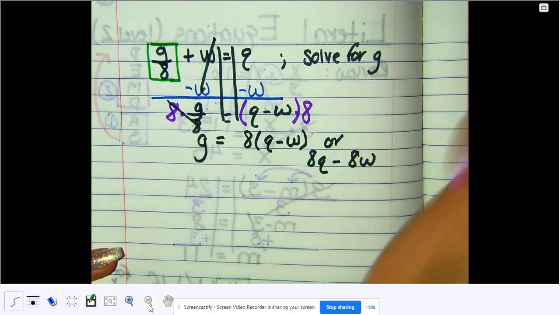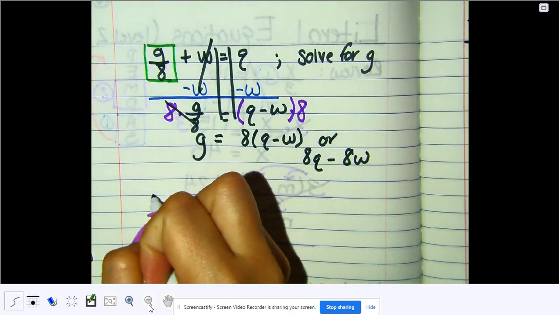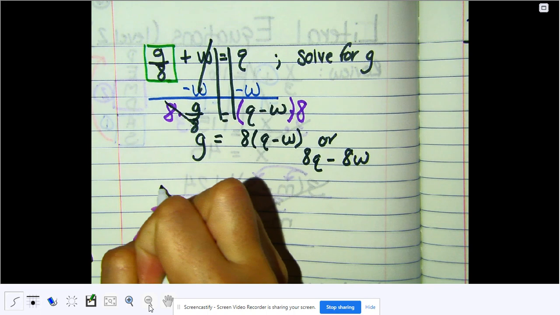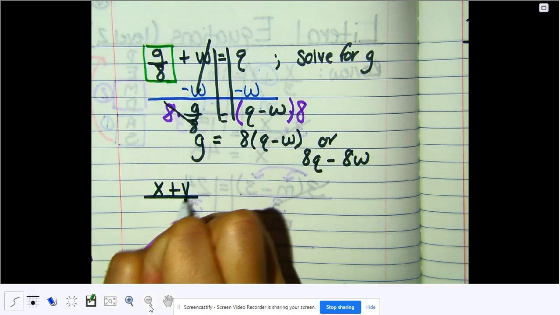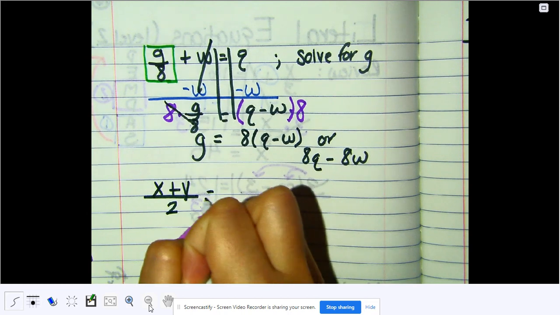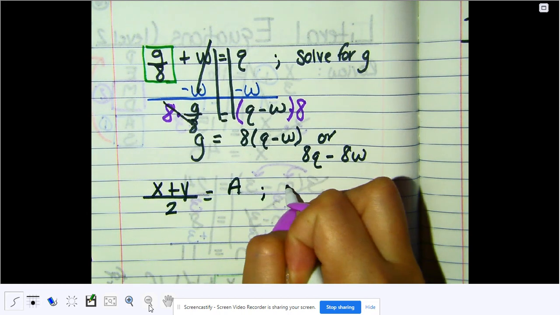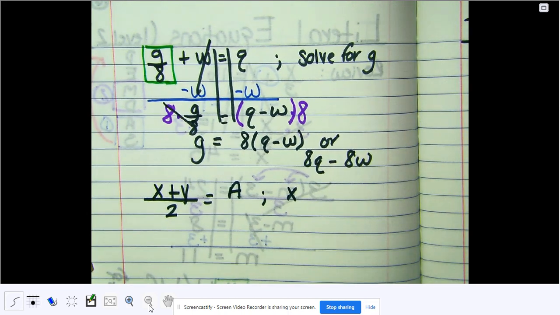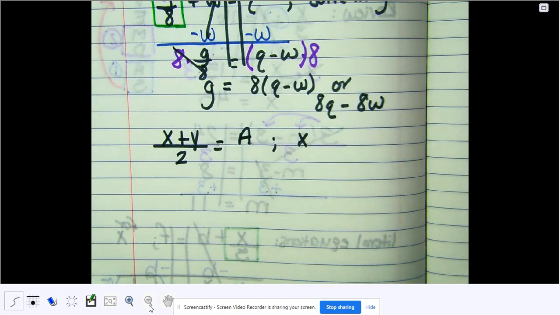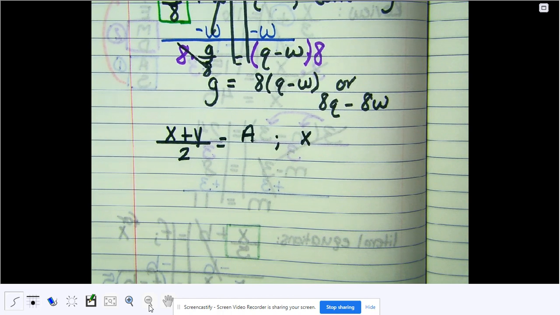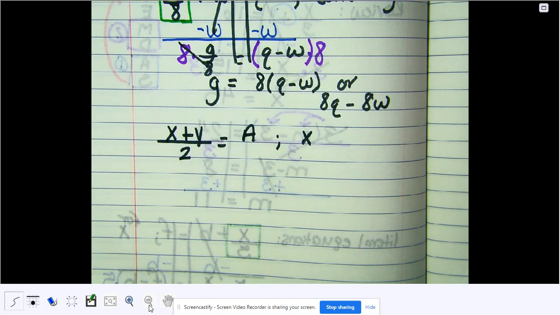Okay, we have one more level to take it up today, and that is going to be X plus Y, all of that numerator divided by 2, is equal to A, and we're solving for X. Whenever we do the opposite inverse operations, we always either undo addition or subtraction, but be very careful.